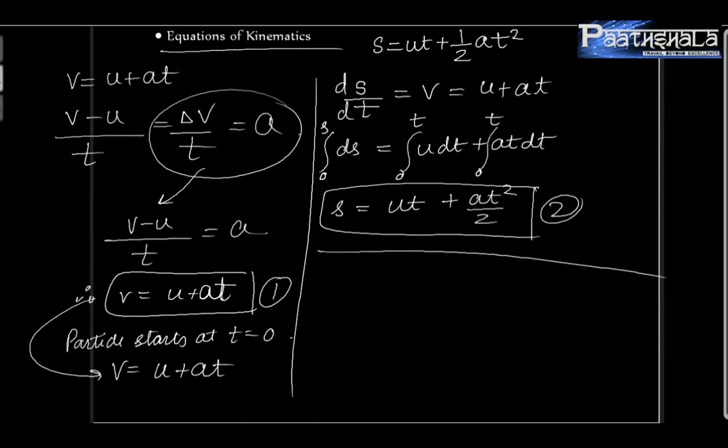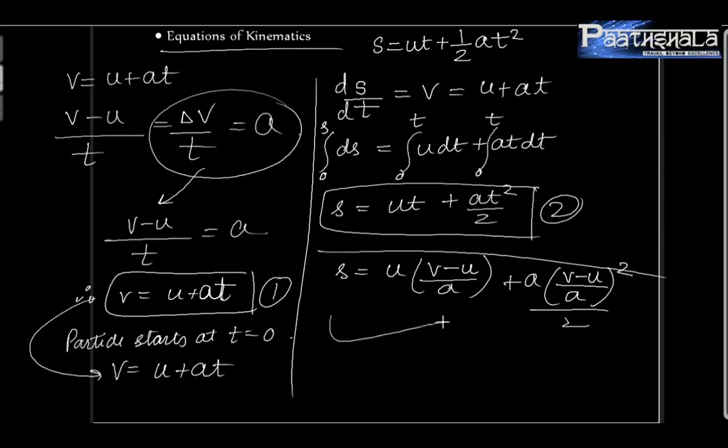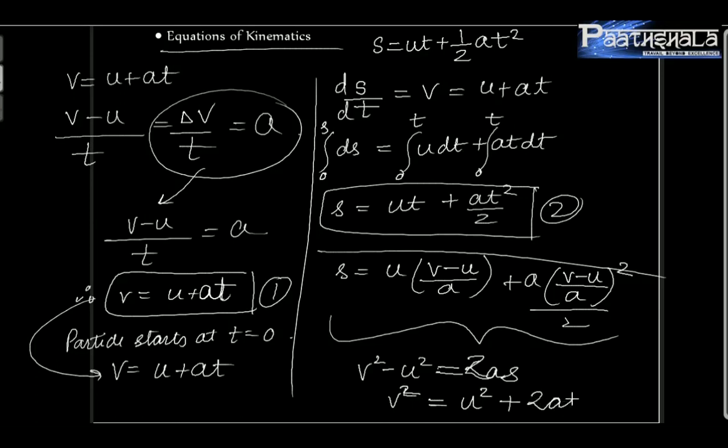So simply I put the value of t: s is equal to u into the value of t, which is v minus u upon a, plus a into v minus u upon a the whole square by 2. Now after you simplify this equation, you will get v square minus u square is equal to 2as, or v square is equal to u square plus 2as.